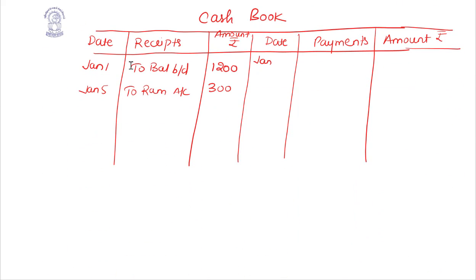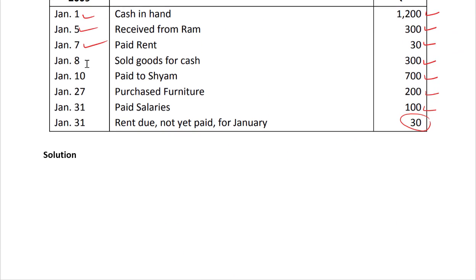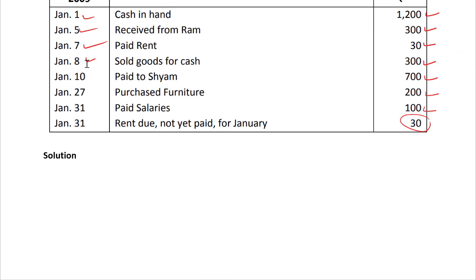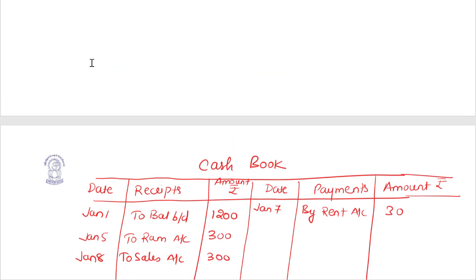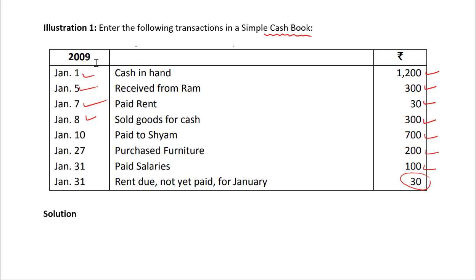January 7, by rent account 30. January 8 sold goods for cash 300. January 8 sold goods for cash, so to sales account and the amount would be 300. I hope you are clear till here.